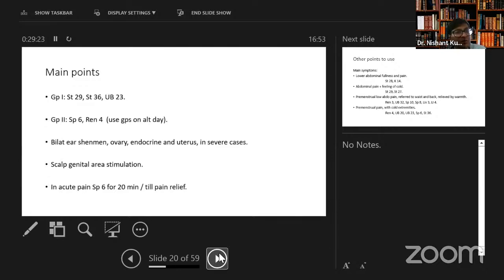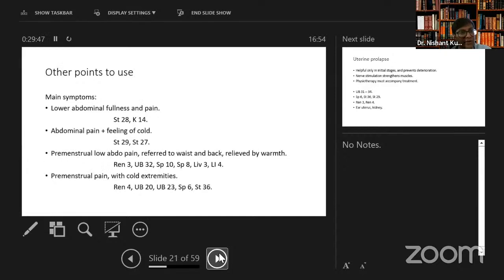We have 2 groups: stomach 29, stomach 36, and UB23, and group 2 is spleen 6 and Ren 4. You use these groups on alternate days. You can use Shenmen on the ear, ovary, endocrine, and uterine points in severe cases. You can even do scalp genital area stimulation, and spleen 6 in acute cases for pain.